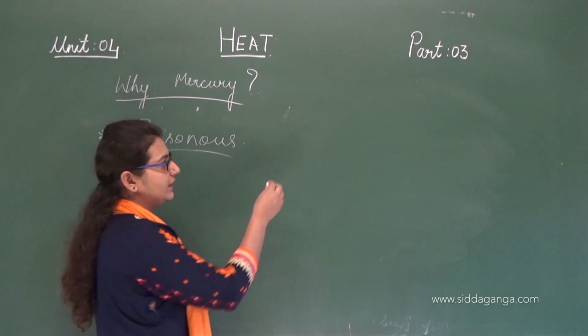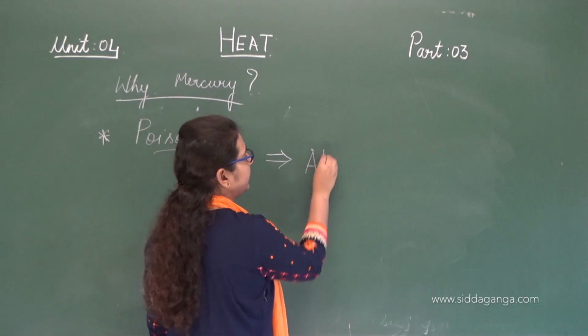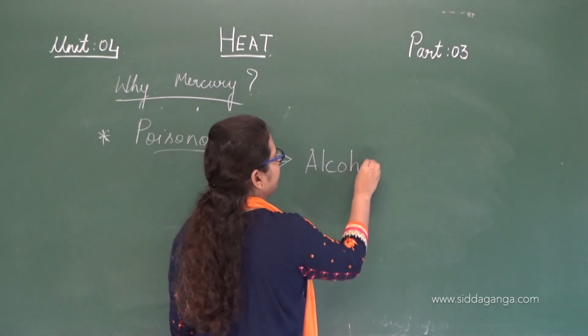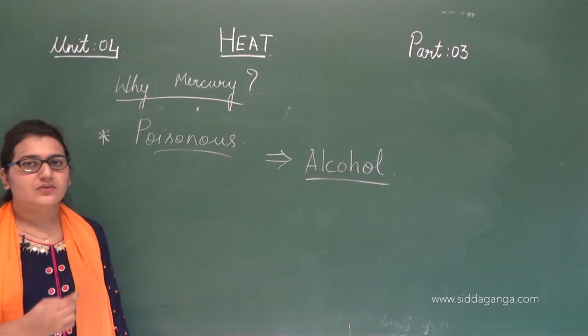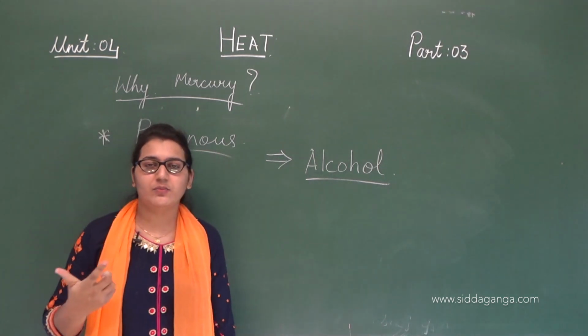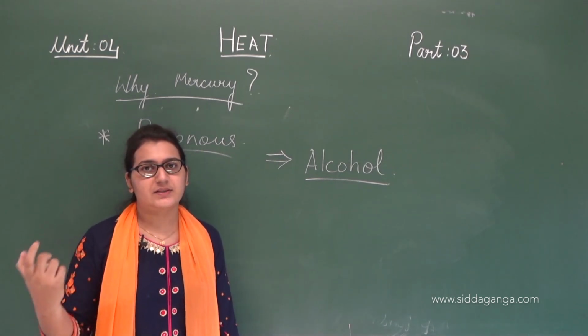Apart from preventing and handling it with care, we also use one more material, that is alcohol. Even alcohol is liquid at room temperature and it has a high coefficient of thermal expansion.